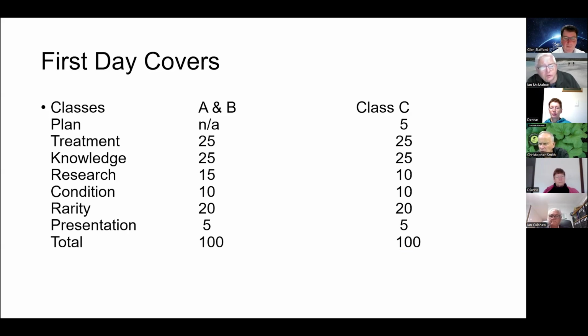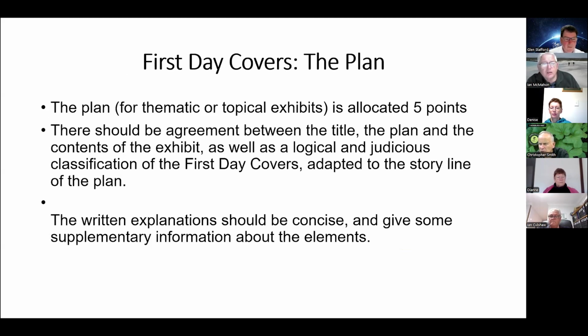Otherwise, the points do come out more or less similar to what you've been used to in many of the classes. So yes, this is a comment on the plan for the thematic, and some general comments. Applies to all plans, but the rules do say that it should be agreement between the title, the plan, and the contents of the exhibit, and include a logical classification adapted to the storyline.